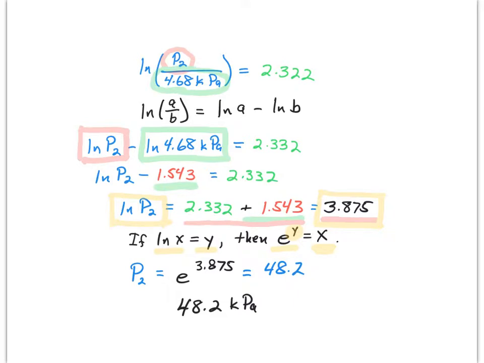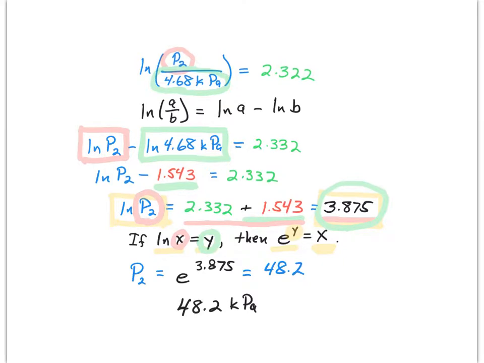If we have the natural log of x equals y, right? Then our pressure 2 becomes our x number, and this becomes our y number, right?